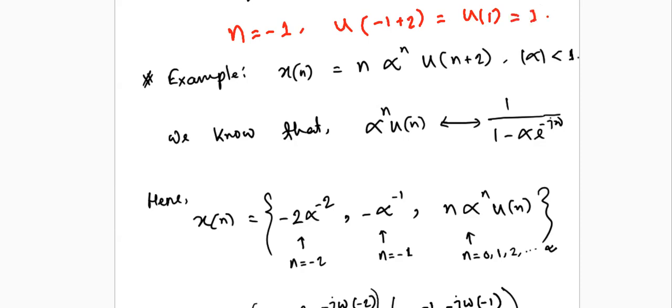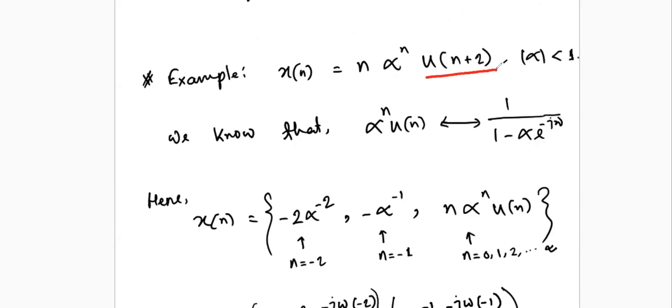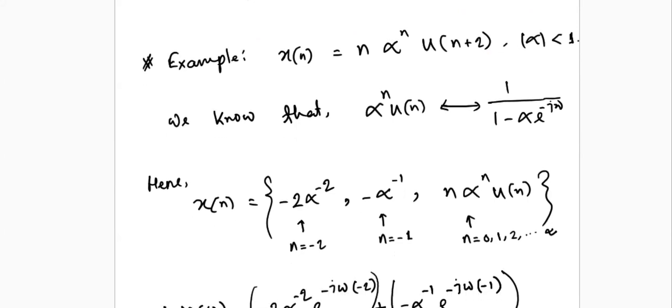Of course, that is equal to 1. So I believe you understand that u[n plus 2] means it is shifted 2 samples to the left. As we already know, alpha to the power n u[n], if you do the Fourier transform, you get this result. We have already performed this, so we are not doing this anymore.